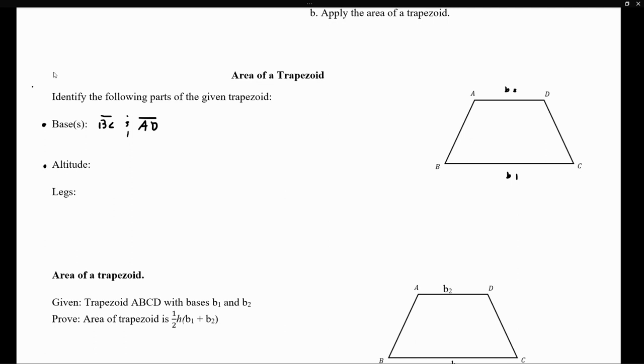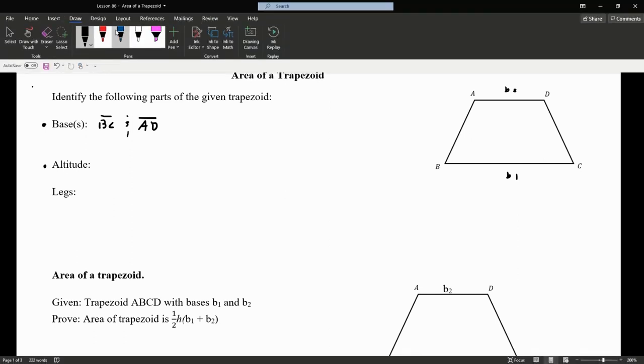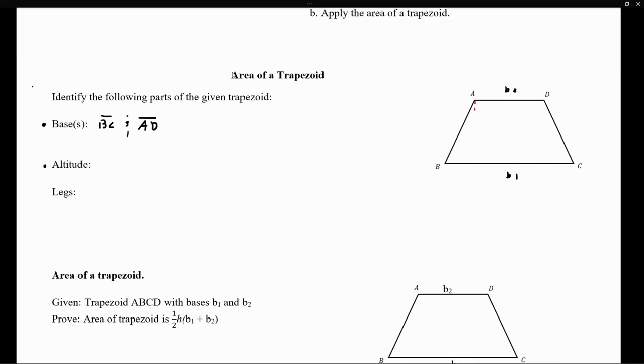Now the altitude of a trapezoid is going to be a perpendicular line in relation to the base or B1. Another way of seeing the altitude, you can think of this line as also being the height of your trapezoid.